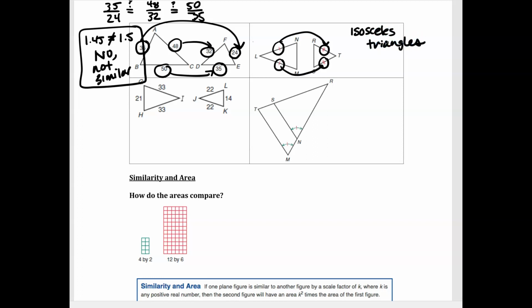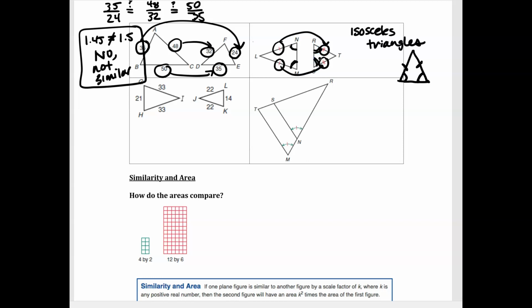And anytime you have an isosceles triangle, let me just draw a picture, two of the sides are the same, and these angles are also the same. So the angles opposite of the congruent sides are also the same. So I could say that this angle is the same as this one, and this angle is the same as this angle.